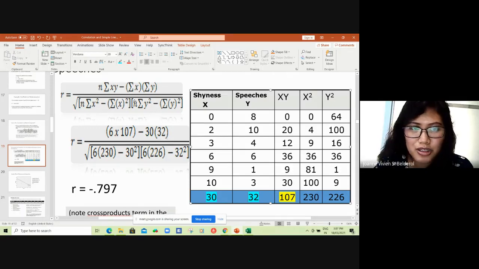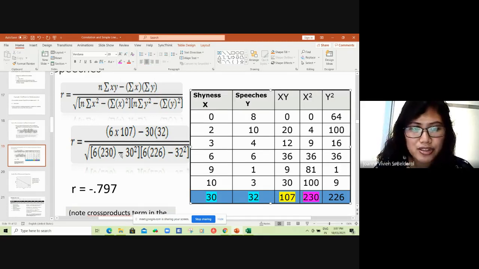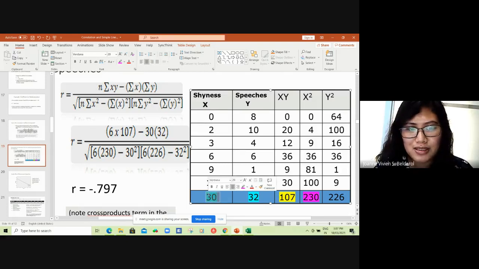And then for the bottom part, the denominator, you also just substitute. Square root, n is 6, since there are 6 data. So 6 times the summation of x squared, 230, minus the summation of x, which is 30, squared.